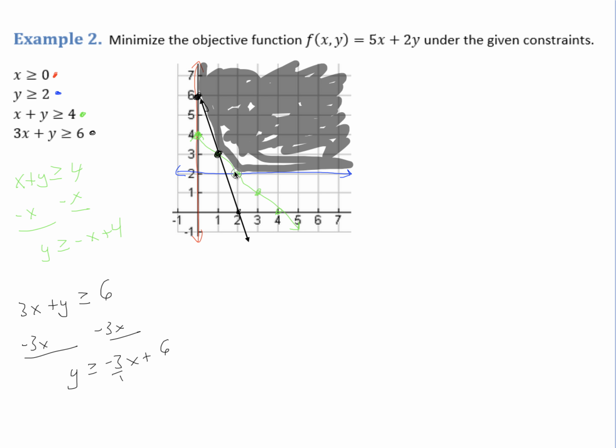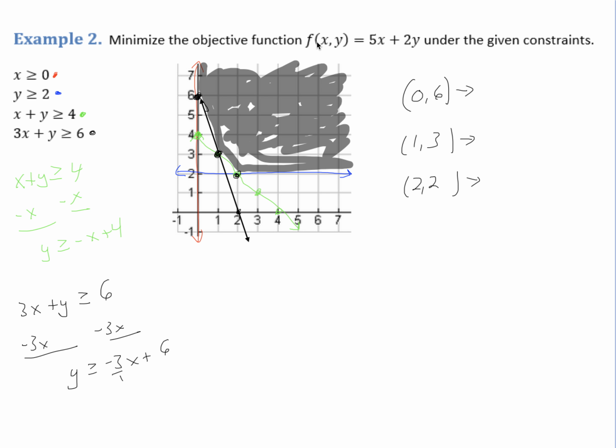So we have just 3 vertices here. We have (0, 6), which is this one. And then, let's come down here, this is (1, 3). And then we have (2, 2). Hopefully I left enough room here. We're going to put each of these points into our function.